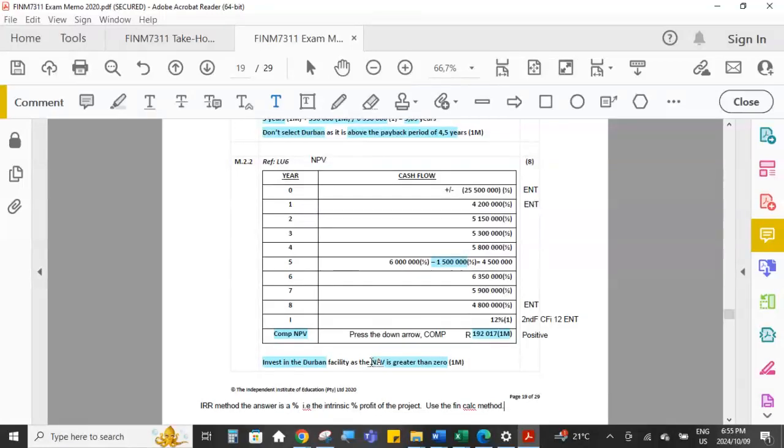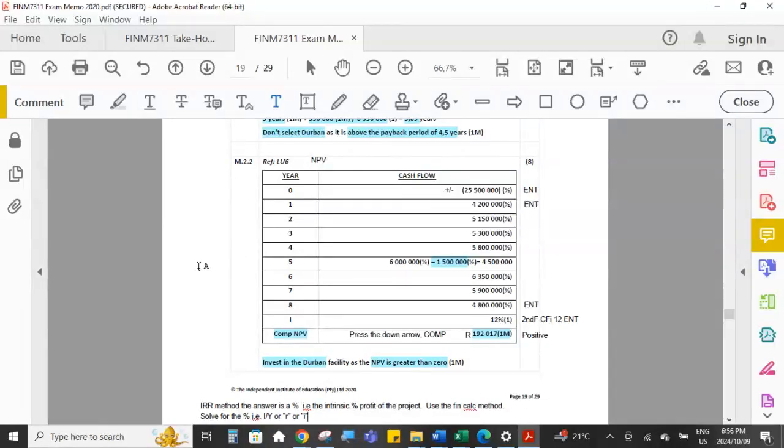It should not be there, because that is what we are going to compute. Internal rate of return method, we are going to solve for the percentage. That is either I, Y, or R, or I, depending on which way you've learned it.